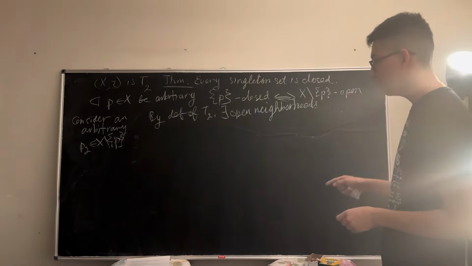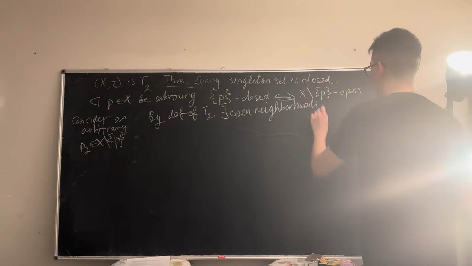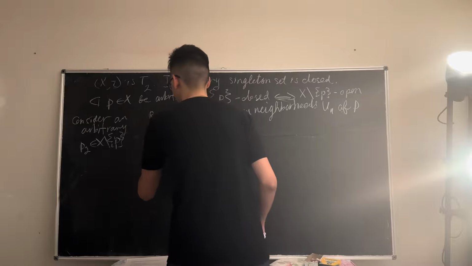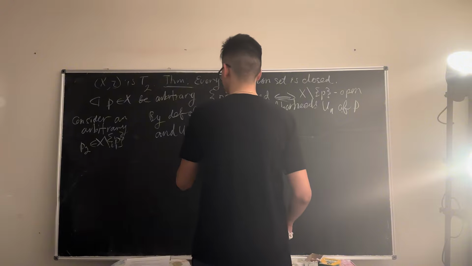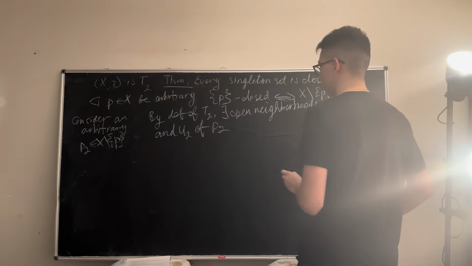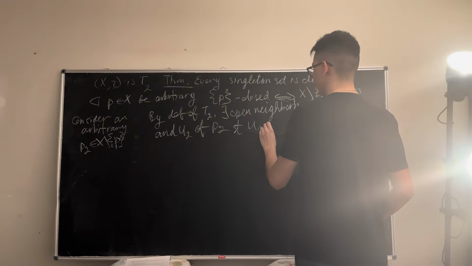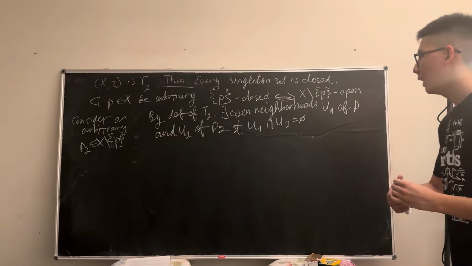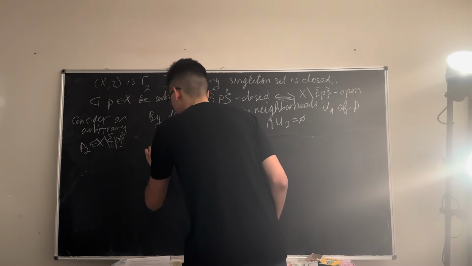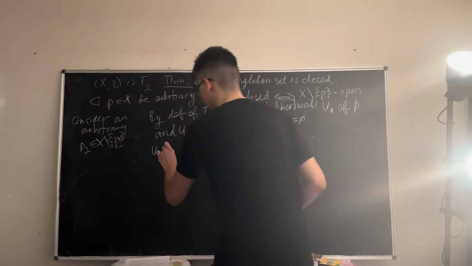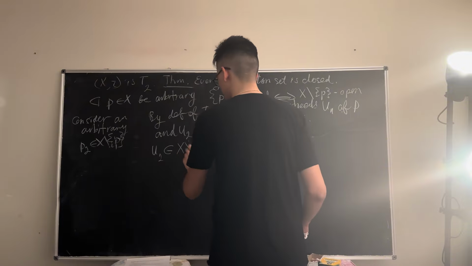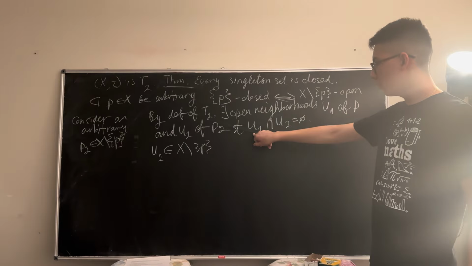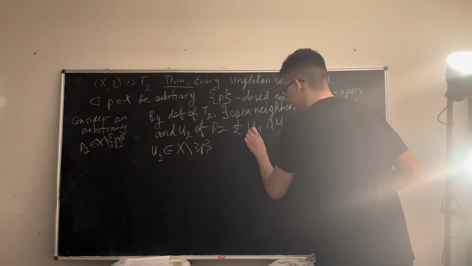By the Hausdorff property, there exist open neighborhoods U1 of p and U2 of p2, such that U1 and U2 are disjoint. Now what I want to notice is that U2 belongs to X excluding p, because U2 is disjoint from U1 and p is contained in U1.